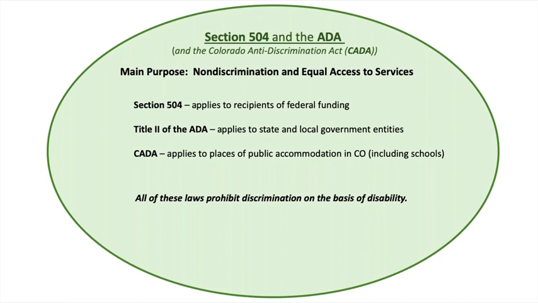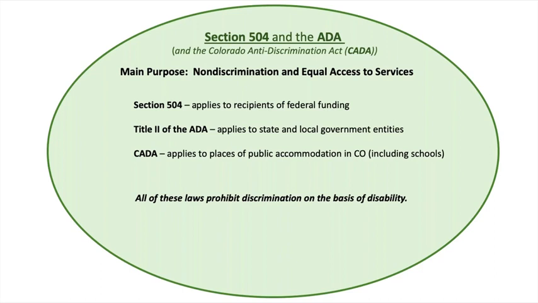So you can certainly picture a scenario where more than one of these laws might be applicable. For example, a public school district, which could be considered a local government entity, but that also receives federal funding, both 504 and Title II may apply. And as I mentioned below, these laws are similar in that they all prohibit discrimination on the basis of disability.